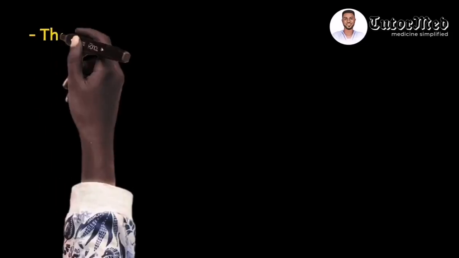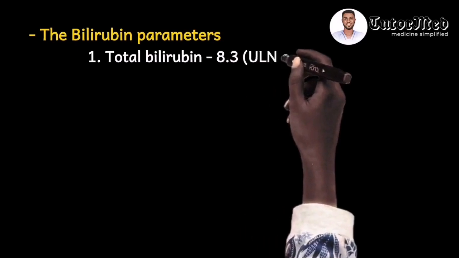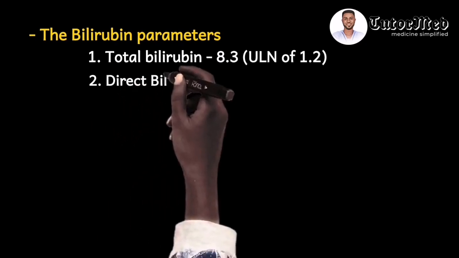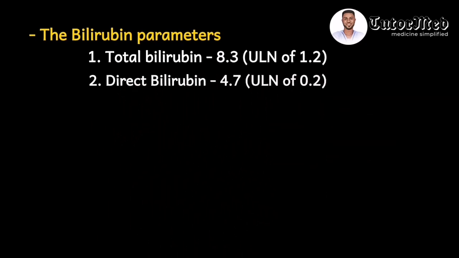And then we come to the bilirubin parameters. She had a total bilirubin of 8.3 with an upper normal limit of 1.2, and then a direct bilirubin of 4.7, upper normal limit 0.2. To get the indirect component, we just subtract the direct bilirubin from the total bilirubin, and that would give us the indirect component.